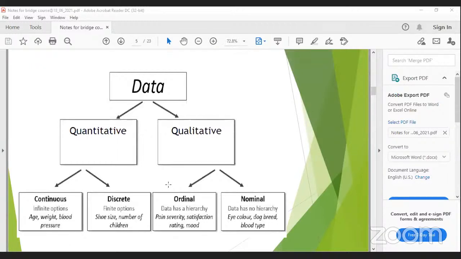Similarly, we have qualitative data. Under qualitative data, we again have two categories: ordinal and nominal. The majority of students may not have worked much on qualitative data, but you have definitely worked on quantitative data.